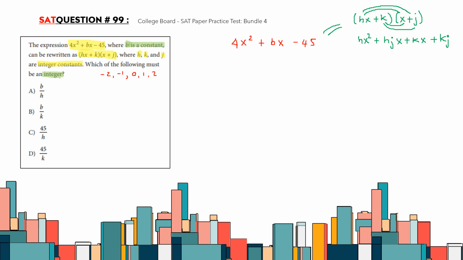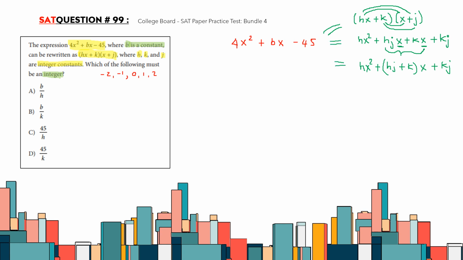Then these are like terms in x, so we have (hj plus k) x, and kj is the constant. This is also equal to that.